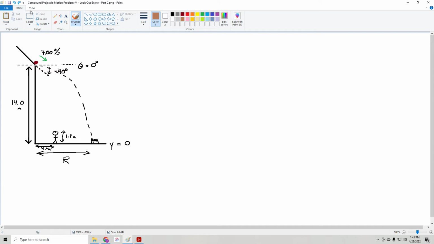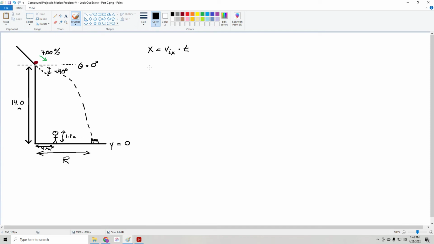We need to check the snowball's y value at x equals 4 meters to see if this guy's head is clipped. So if I write the following, x equals v initial x times t. I don't know the time that it takes for the snowball to cover 4 meters of horizontal distance, but I know everything else in this equation, so let's solve for t.